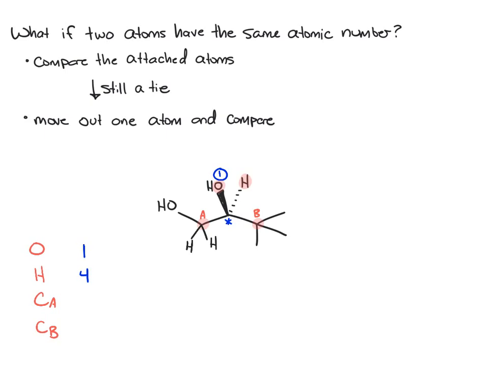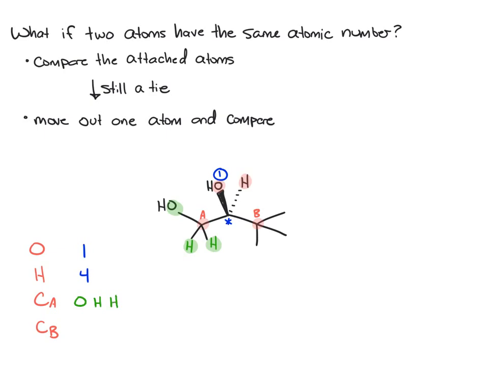We have an oxygen, a hydrogen, and a hydrogen, in addition to the chiral center, but we don't really need to worry about it because it's also attached to carbon B, so it's not going to be something that will help us differentiate. So attached to carbon A, let's write what we have. We have O, H, and H.